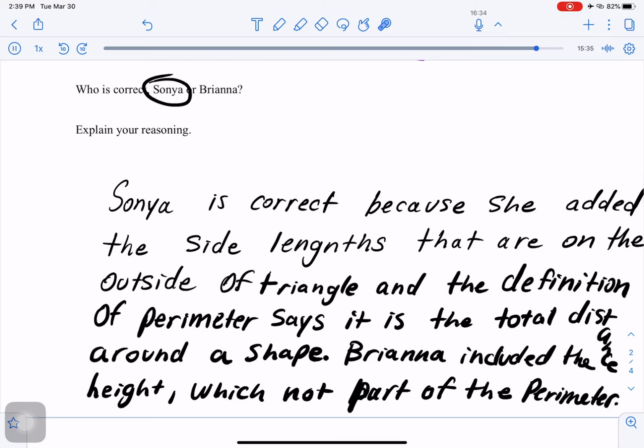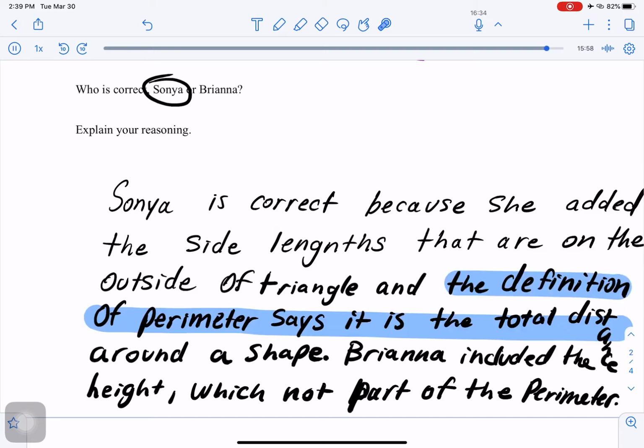So I know this is a pretty long response, but in any given response and any reasoning for math problems, it's always good to add a definition. That's kind of like your evidence in court if you were a lawyer, right? So if you make sure to add that the definition of perimeter is the total distance around a shape, and then you explain yourself around that one person did follow those rules and one person did not, your response would be pretty solid and pretty good to go.